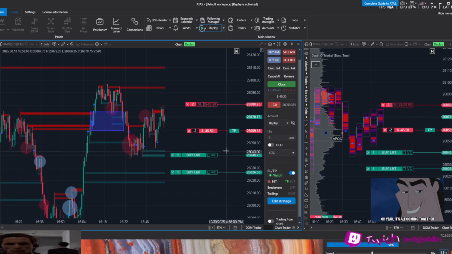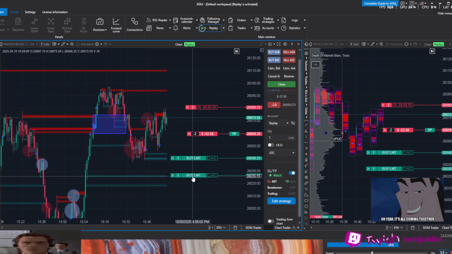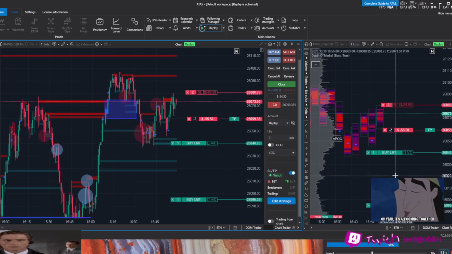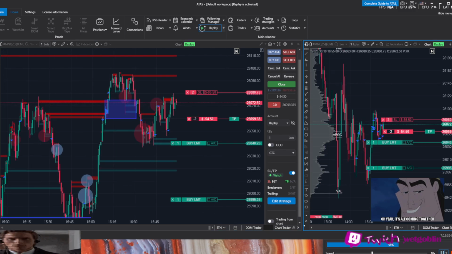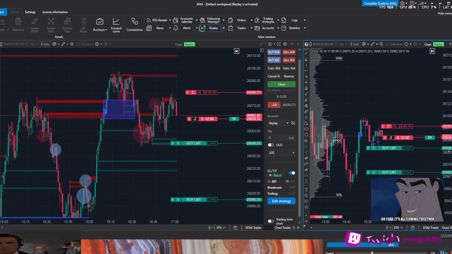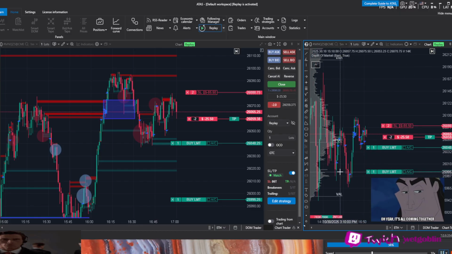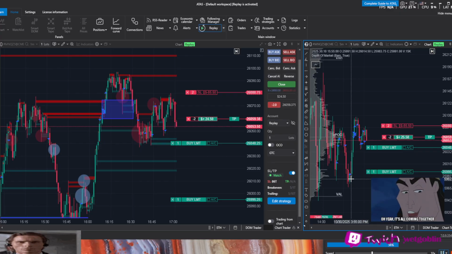I'm literally just clicking buttons right now. So, what's this look like? This is looking like a long reversal. I'm not gonna like it, but I would love to see it come back down.